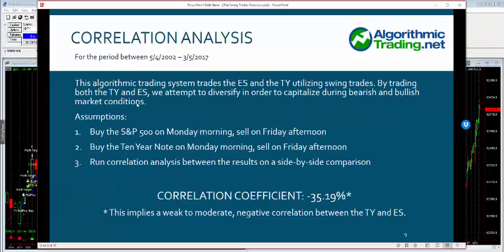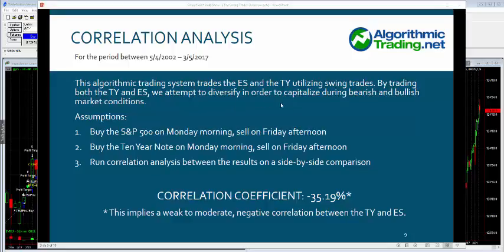So with that, I'll quickly go into the correlation analysis between the 10-year note and the S&P. The reason why the correlation analysis is important, I think, is because a lot of people might question some of the walk forward, and rightly so, and they might say things like, well, the market has been going higher, so everyone's doing well.